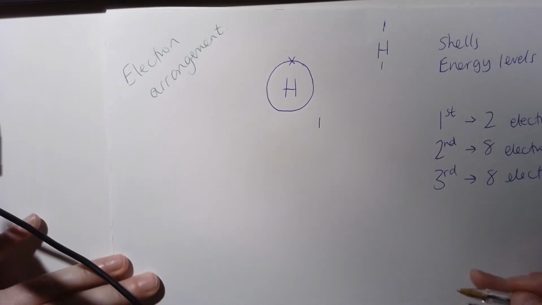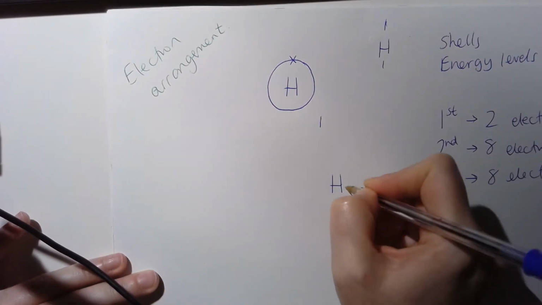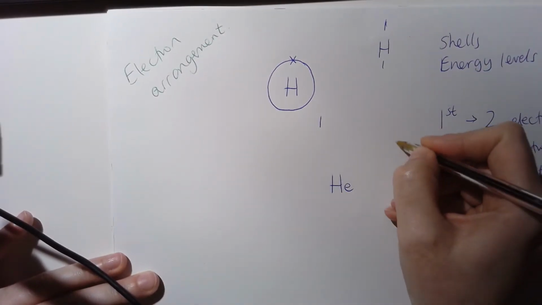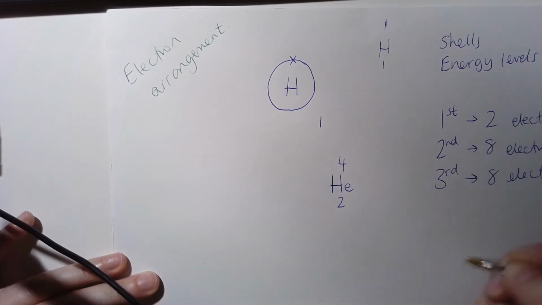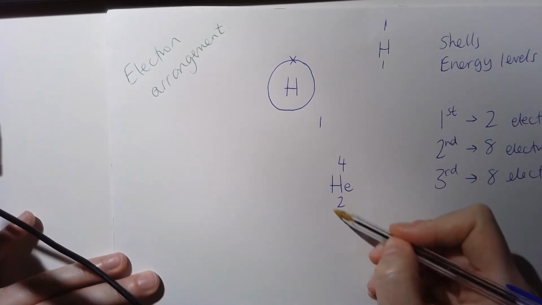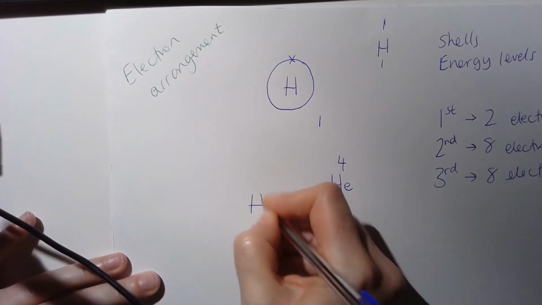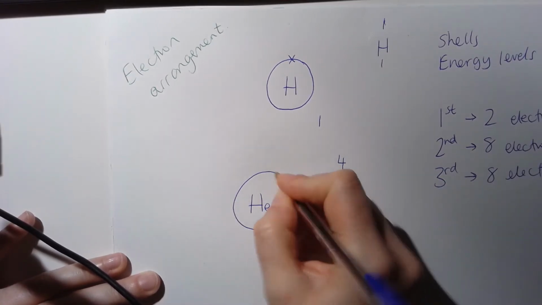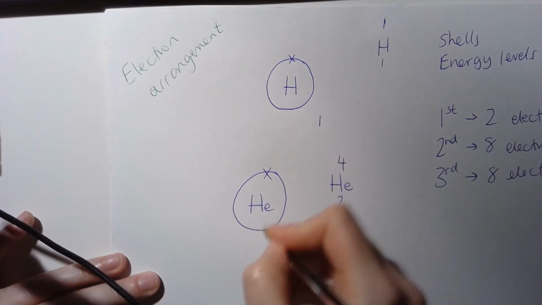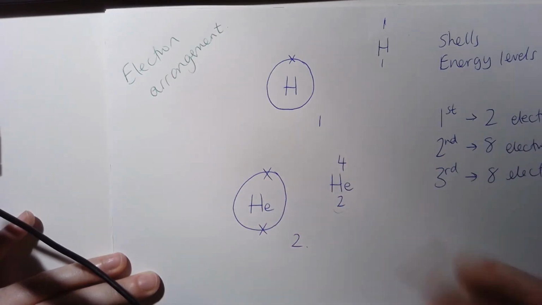Very easy. If we think of helium, as we covered last time, helium is 4 and 2. Because this tells me it's got 2 protons, our positive charges, it therefore, as it's an atom, must have 2 electrons. Now because I know this first shell can hold 2, I know they can fit on that one shell.